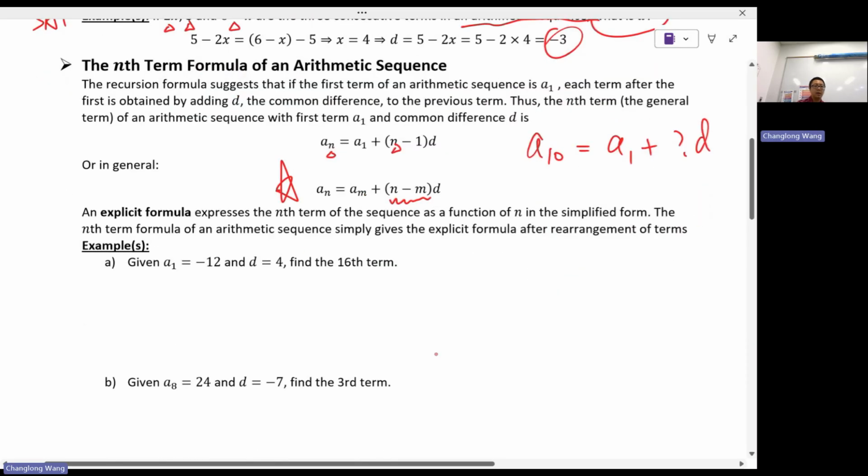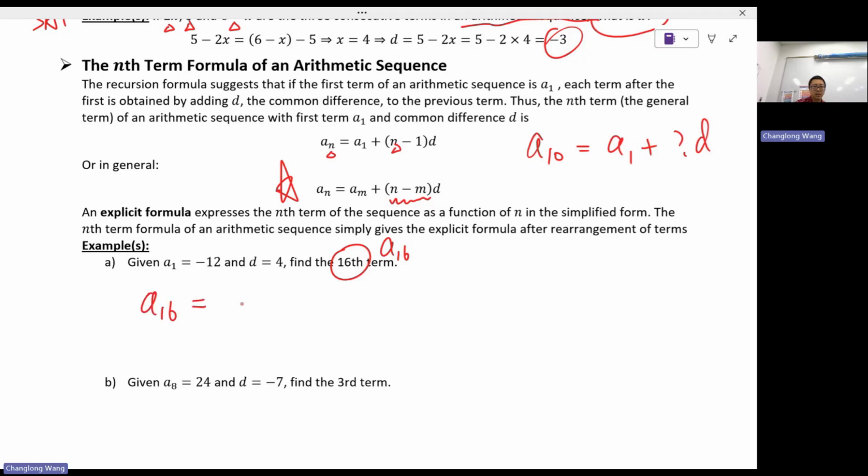Now let's give it a try. Say letter A, start from a sub 1. We know the common difference d. What is the 16th term? By 16th term, I mean a sub 16. So I guess we could just go with the first version of the nth term formula. So take n to be 16.